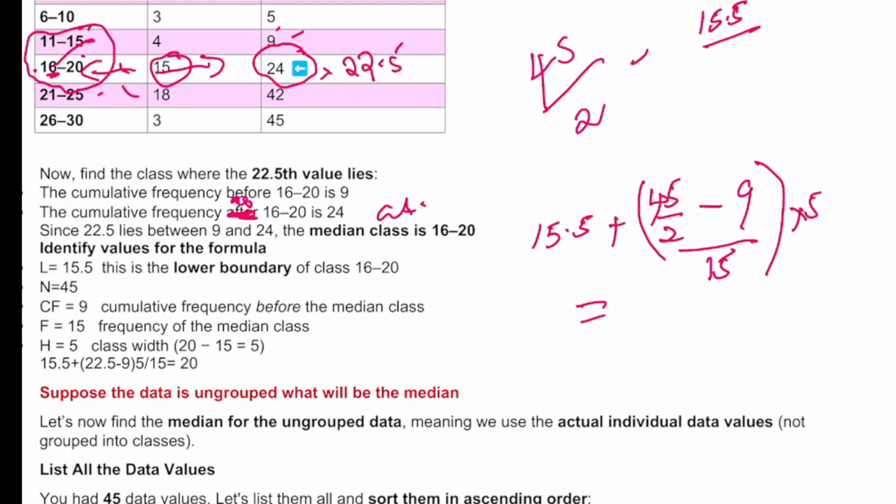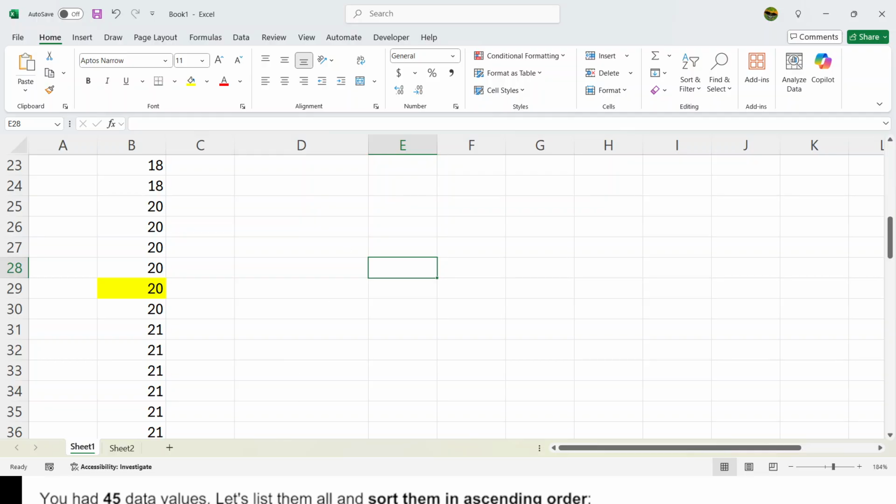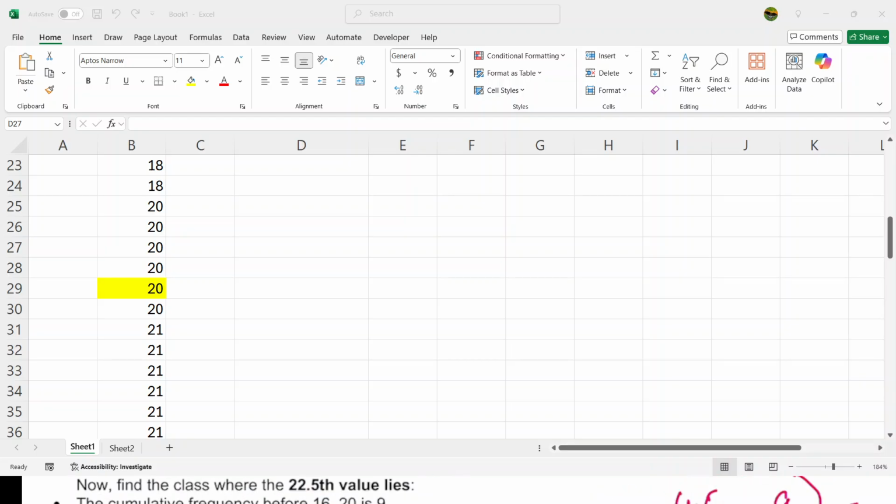Let me try so that you are on board with Excel. Let me open my Excel. Yes, here it is. So the formula was, I can screenshot. Let me go back and screenshot the formula. Yes, here it is.